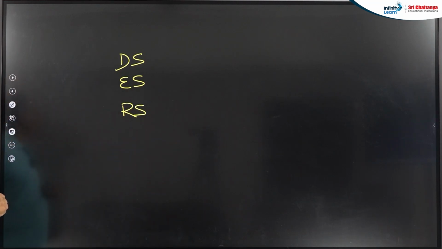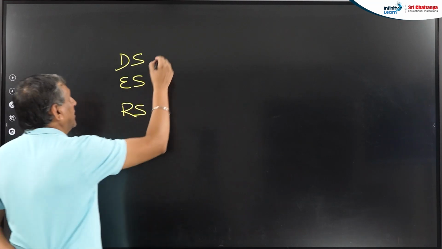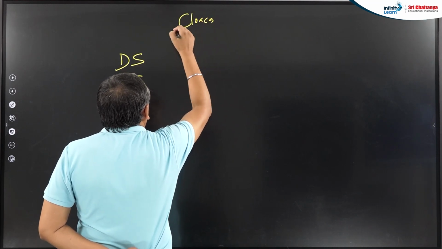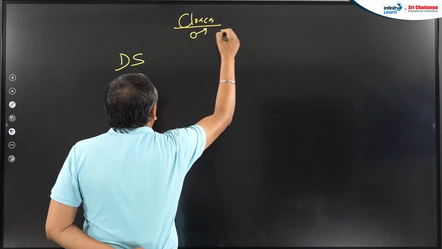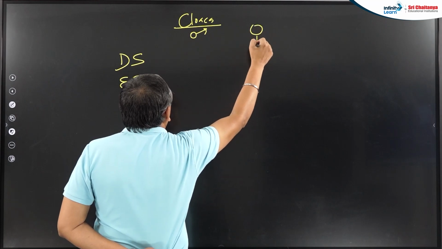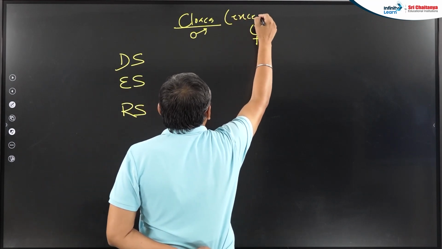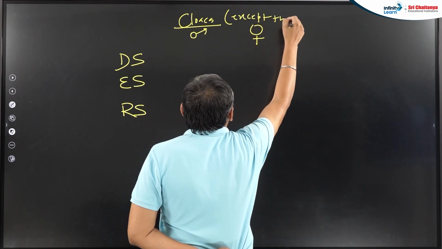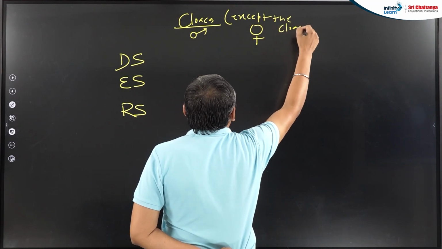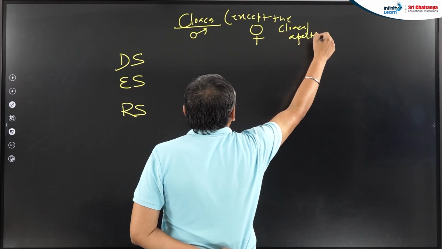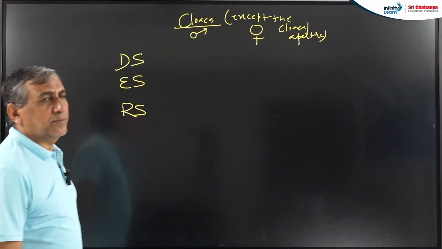Are you getting? So sometimes they ask how many openings are present in the cloaca of male frog and how many openings are present in the cloaca of female frog, except the cloacal aperture, because the cloacal aperture is the opening of the cloaca. So except the cloacal aperture, how many openings are present in the male frog?